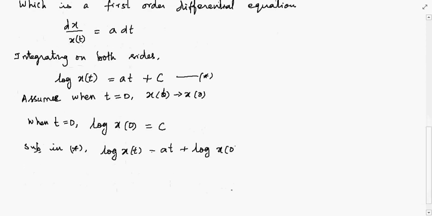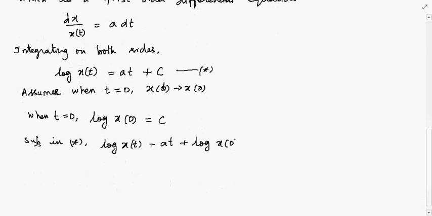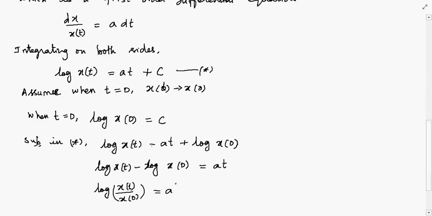Taking this x of 0 to the left hand side, we'll get log of x of t minus log of x of 0 is equal to at, or we can use logarithmic properties. So we'll get log of x of t by x of 0 is equal to at.